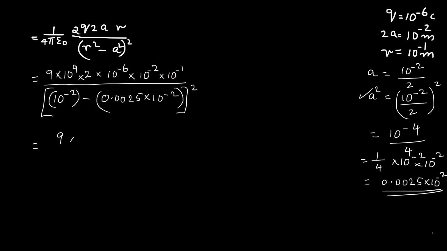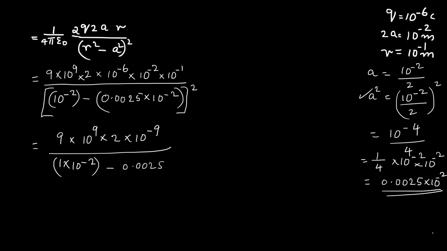So this becomes 9 into 10 raised to 9 into 2 into 10 raised to minus 9 divided by, let us make the format of these two quantities the same, 1 into 10 raised to minus 2 minus 0.0025 into 10 raised to minus 2, the whole squared. Here this 10 raised to 9 and this 10 raised to minus 9 get cancelled.